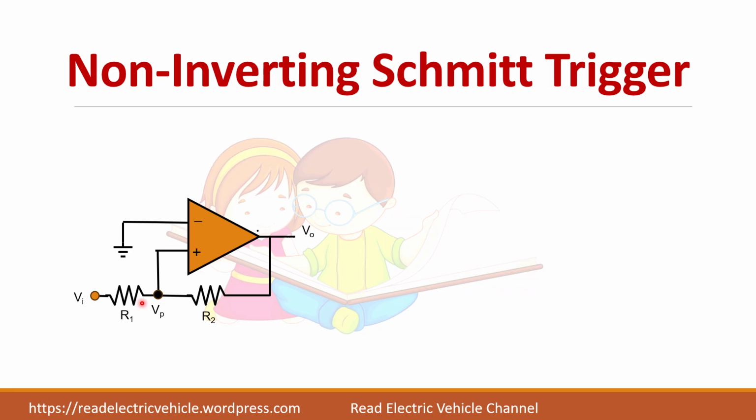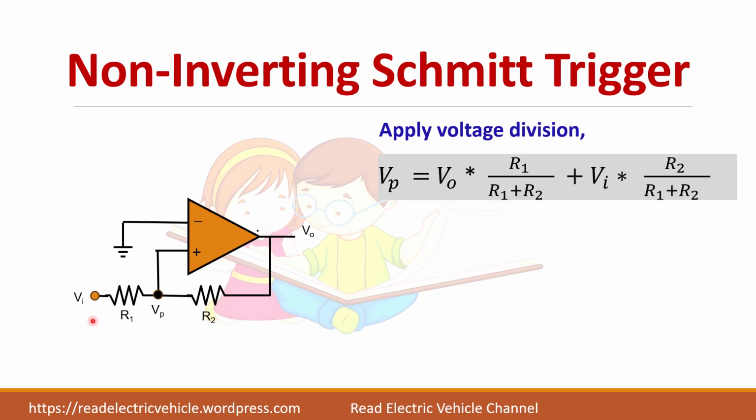Now we need to find Vp, but here we have two sources, Vi and V0. So we have to apply the superposition theorem. What is the superposition theorem? Keep one voltage source at a time and ground the other one. So first let us ground Vi. Ground the Vi. Find what Vp is due to V0. So that is V0 into R1 divided by R1 plus R2.